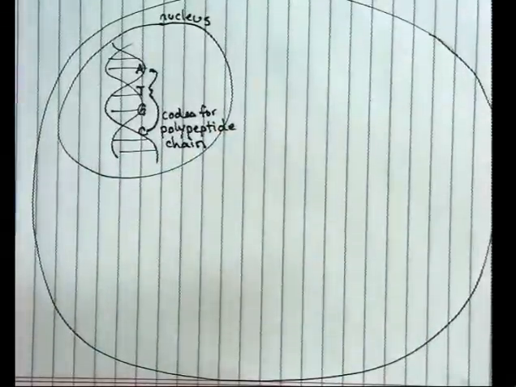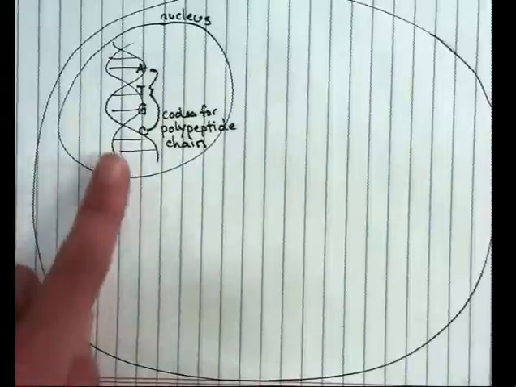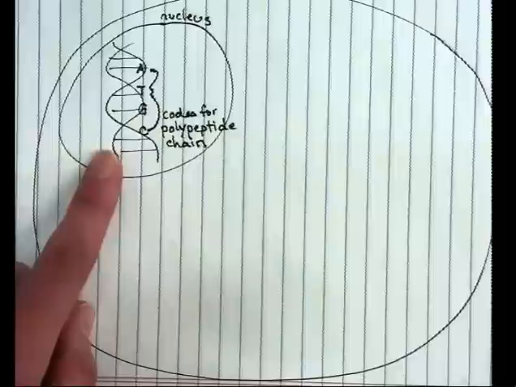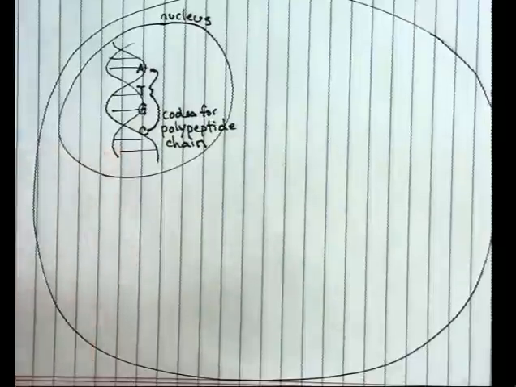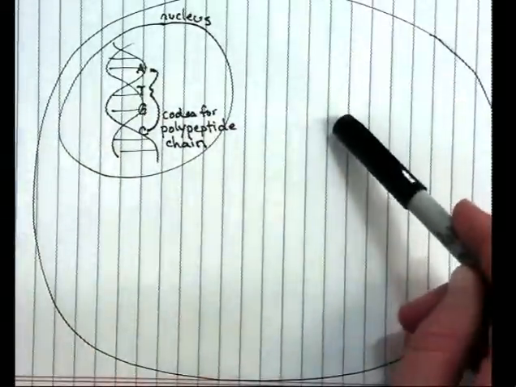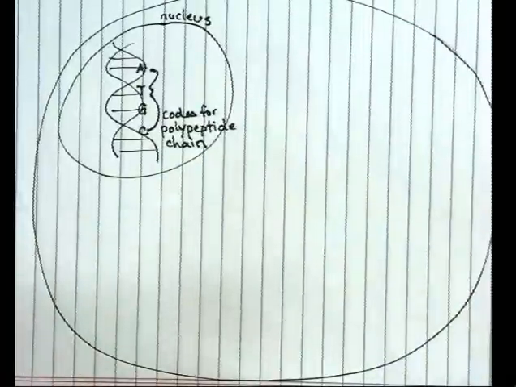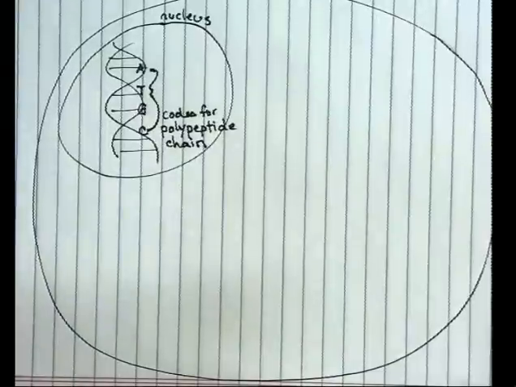But DNA in eukaryotic cells is conserved. And so it would be very reckless for a eukaryotic cell to send the whole copy of DNA out of the nucleus, out of its protective covering. And so what happens here is a copy of DNA is made in order to conserve the code so that no errors occur to the master copy.